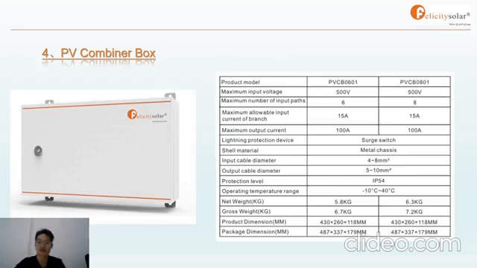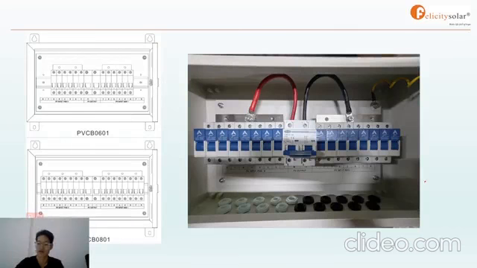The maximum input PV voltage of the PV combiner box is the same, 500. What is different is the maximum number of input paths, 6 and 8, and other data is also almost the same. So the biggest difference is the PVCB, the PV combiner box 6 to 1 and 8 to 1.